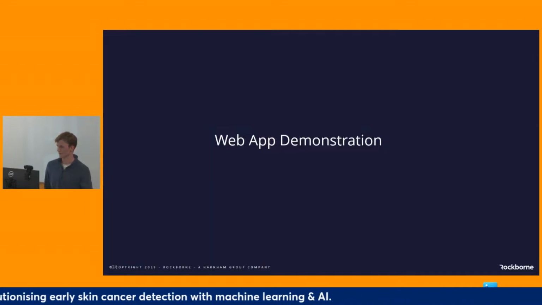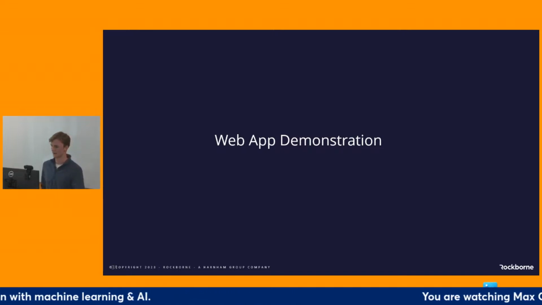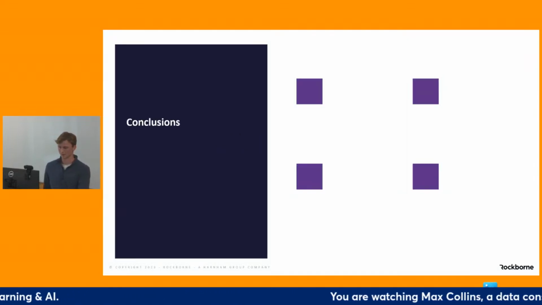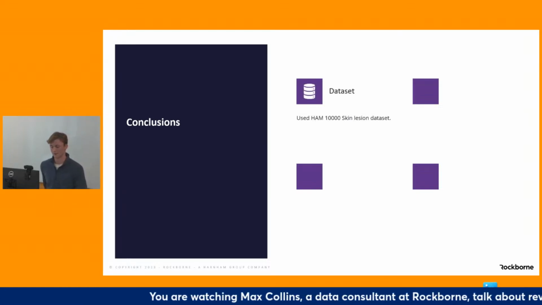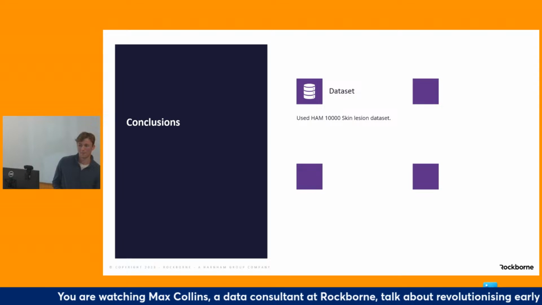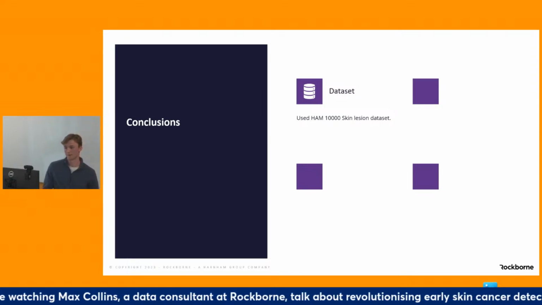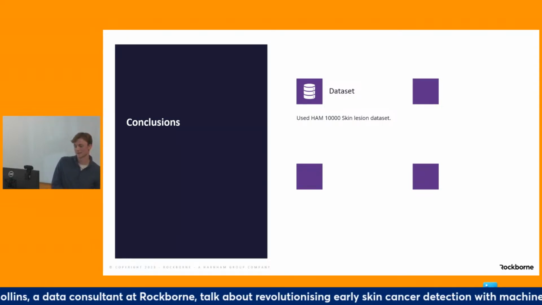If I hop back to my slides, here we are. We're almost there now, and then I'll open up for questions. So, conclusions. What did I learn as I went through? The data set had a good explore of the Human Against Machine 10,000 skin lesion data set.